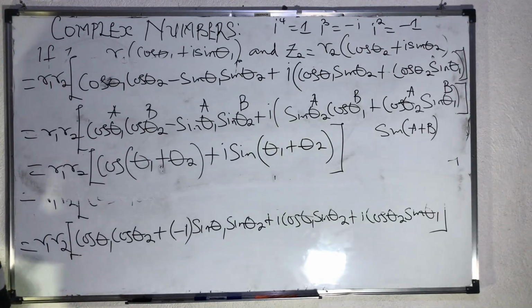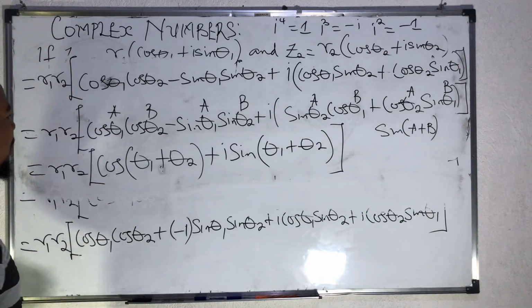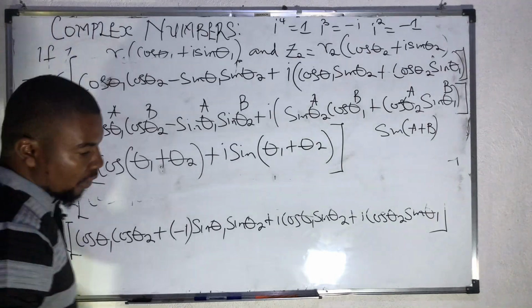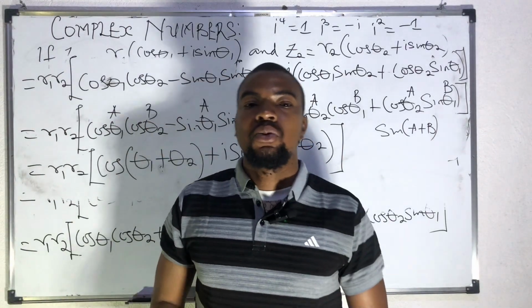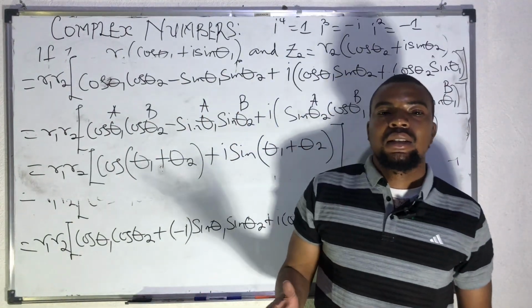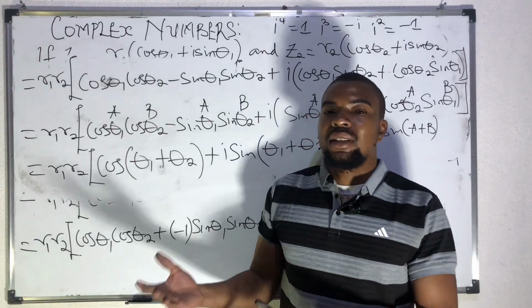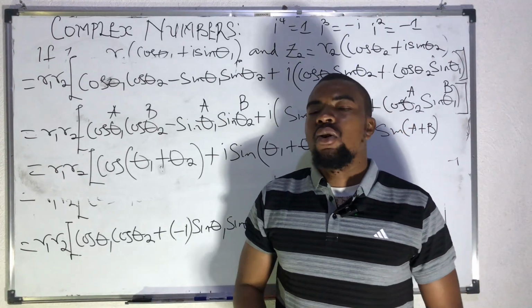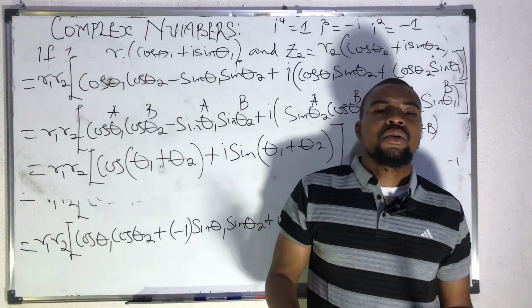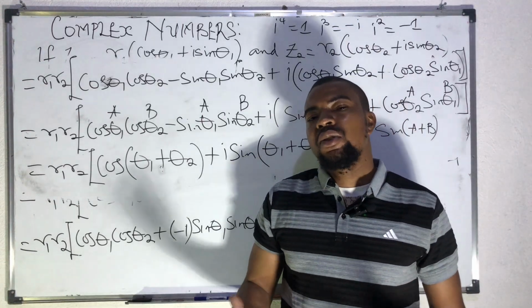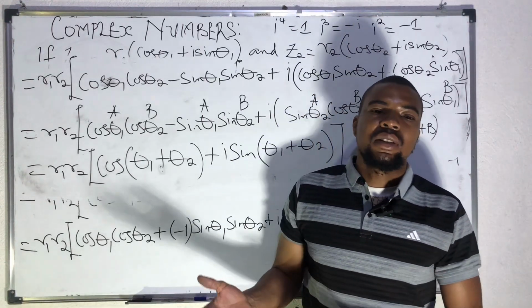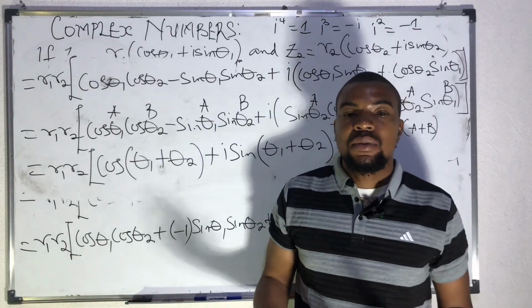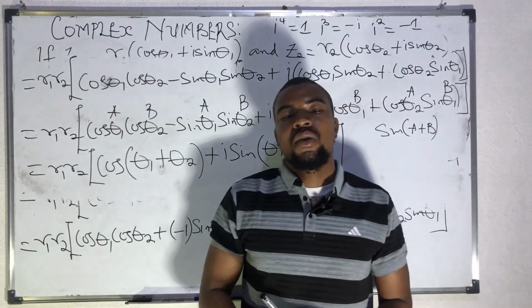Just keep on practicing and practicing. Definitely you'll get there. All you need to do, if you want to learn how to do this, is know these trig identities, especially for sum and difference. Secondly, you also need to know algebraic manipulation so that you can manipulate all this to your favor and arrive at the correct solution.